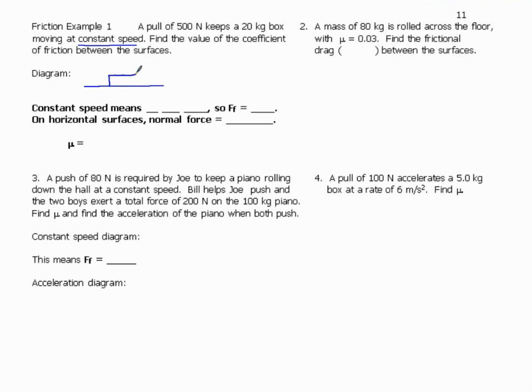So we have a 20 kilogram box, and we are pulling it with a force of 500 newtons. And it's moving at a constant speed, which means there is no net force. No net force. So the force of friction is 500 newtons in the opposite direction.